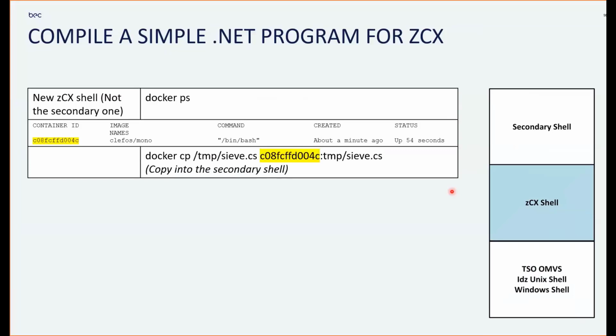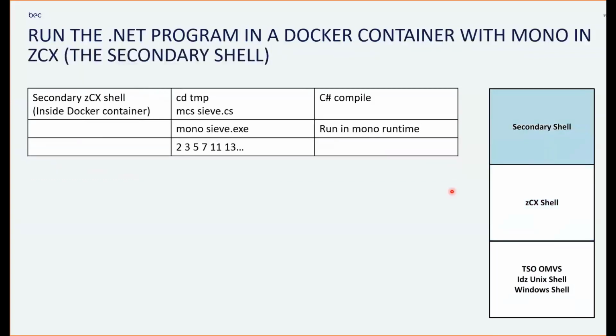And then we could copy with the docker cp statement from zCX into the running Docker container. Doing that, we could go back into the secondary shell and run the compile, MCS, and run the program, and it actually ran. So what we have accomplished now is to build and run a simple C# program in Docker, in zCX, on z/OS, on ZD&T.